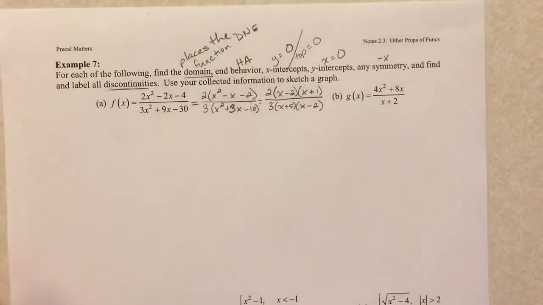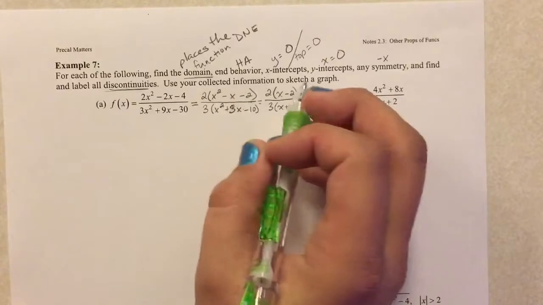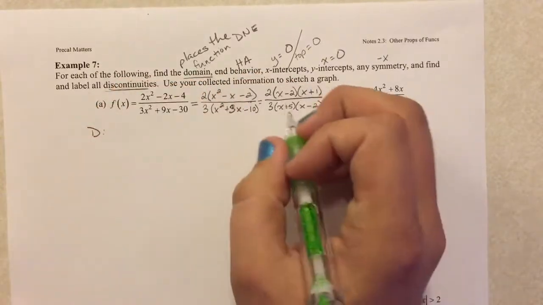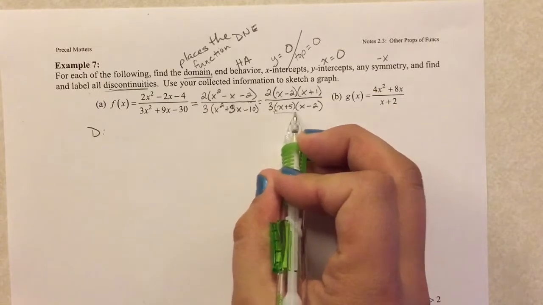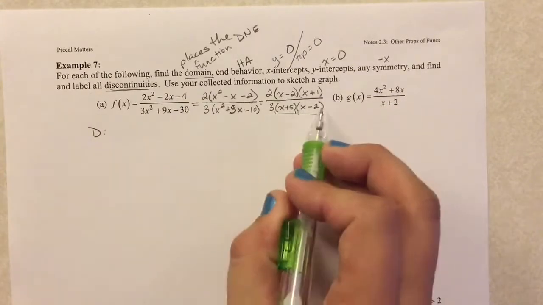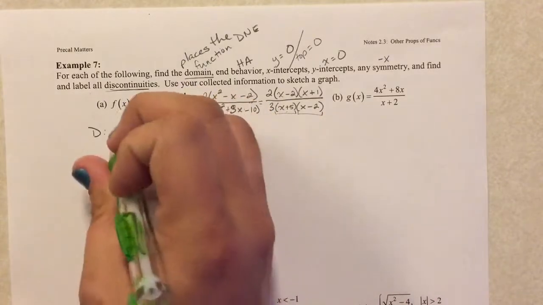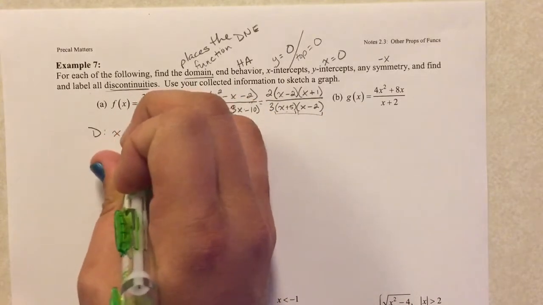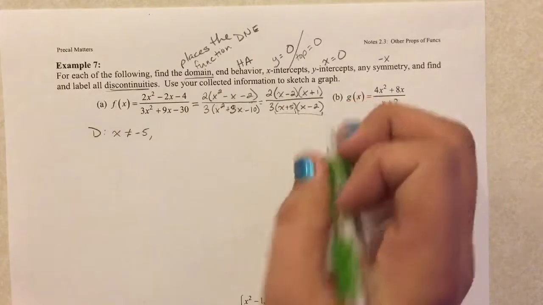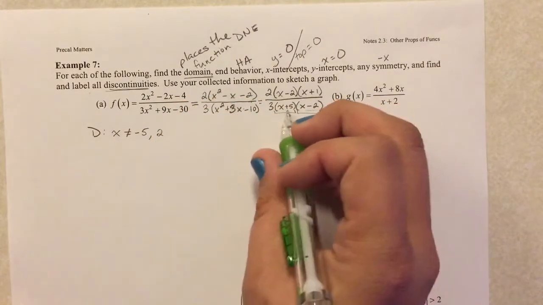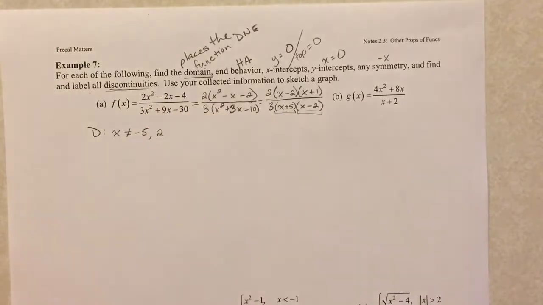Okay, so now we've got it set up in a way that I can use to find all of these other pieces. So looking at the domain, I know I'm going to have issues in the domain anytime the denominator equals 0. Well, this denominator is going to equal 0 when x is negative 5 and when x is 2. So x cannot be negative 5 or 2.